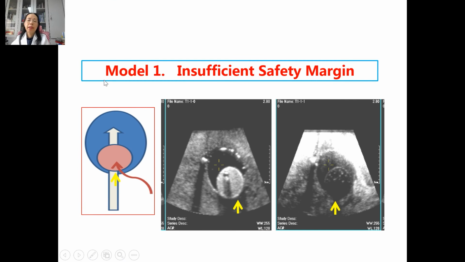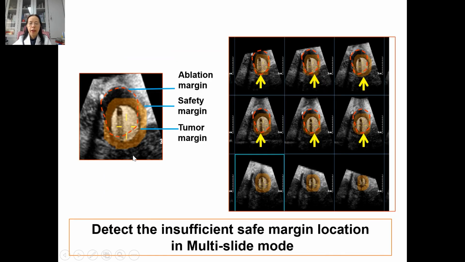So we made two models. The first model is for insufficient safety margin, just here, and 2D in here. And we use the 3D reconstruction and get a multi-slice view. Here we can see precisely, just like the model, the insufficient safety margin.